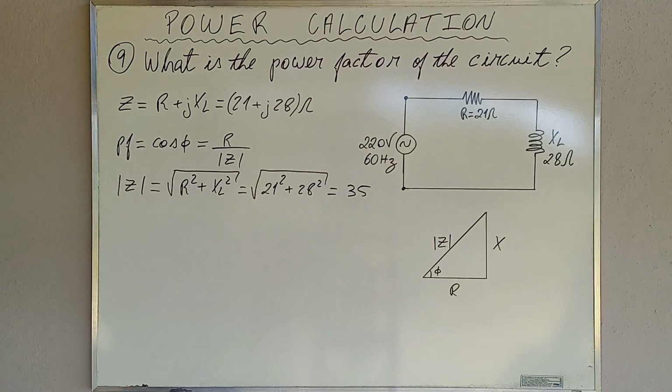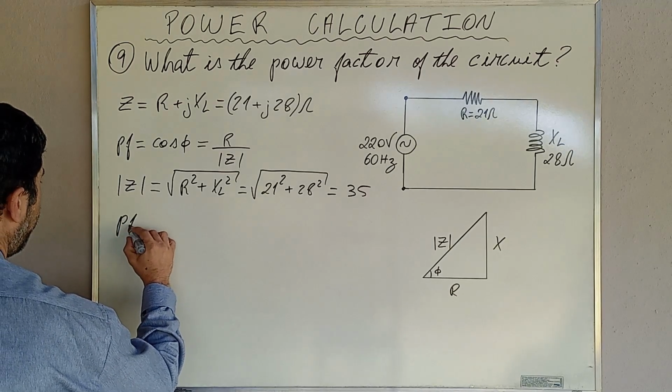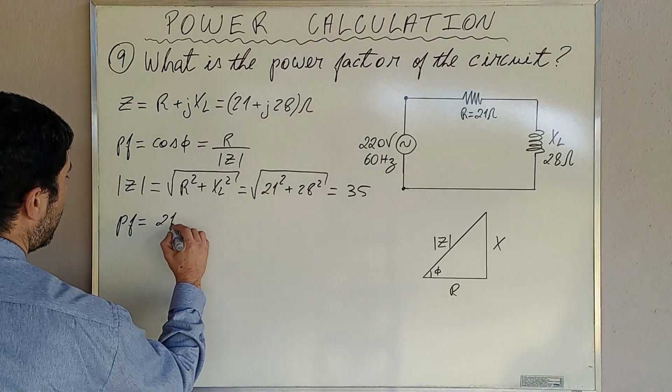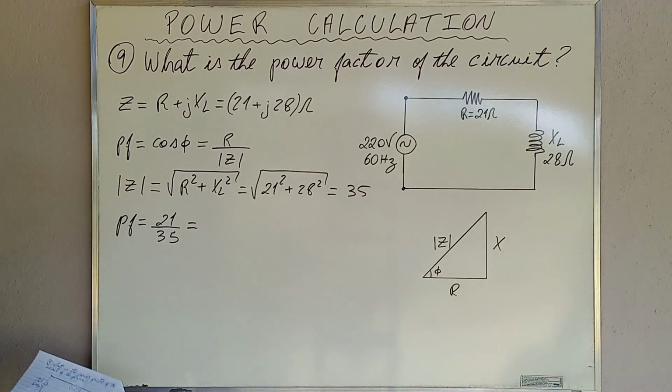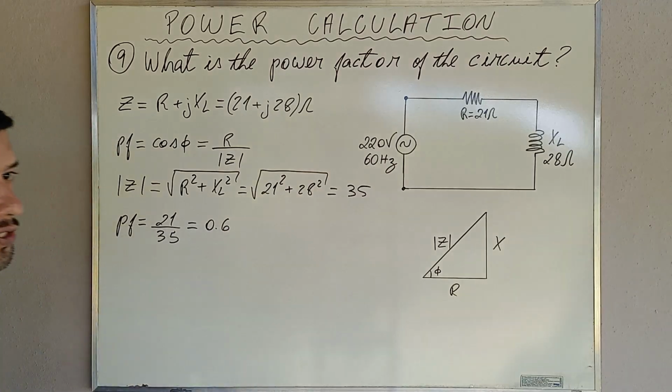The power factor is therefore 21 divided by 35, and this is equal to 0.6.